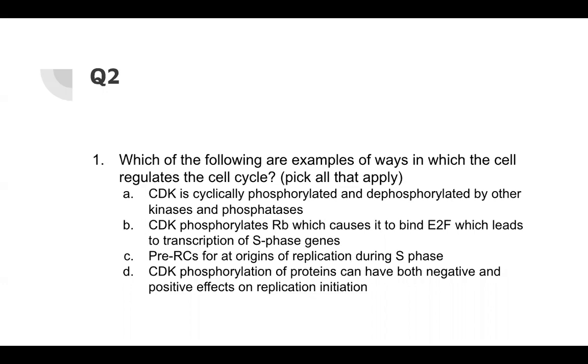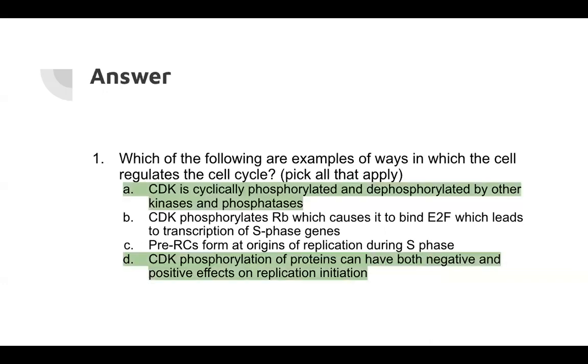And as you guys said, A is also correct. Just for what Nick says, it gets phosphorylated by both Wee1 and CAK, and it also gets dephosphorylated by CDC25, which takes off the inhibitory phosphate.